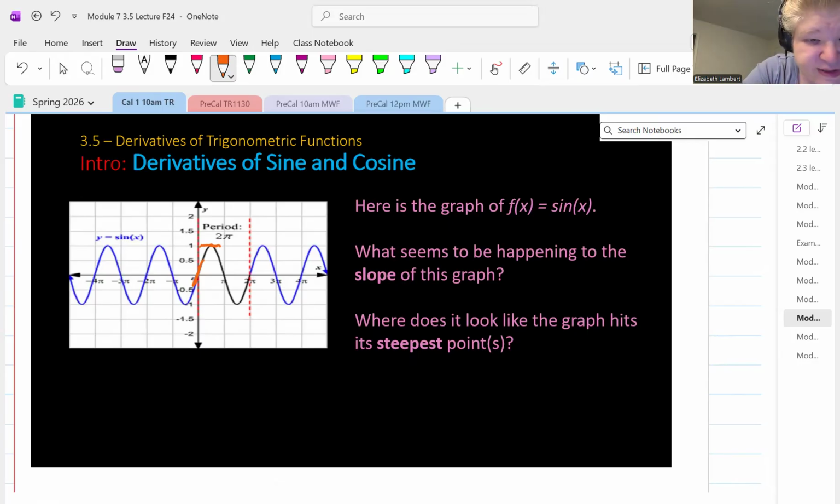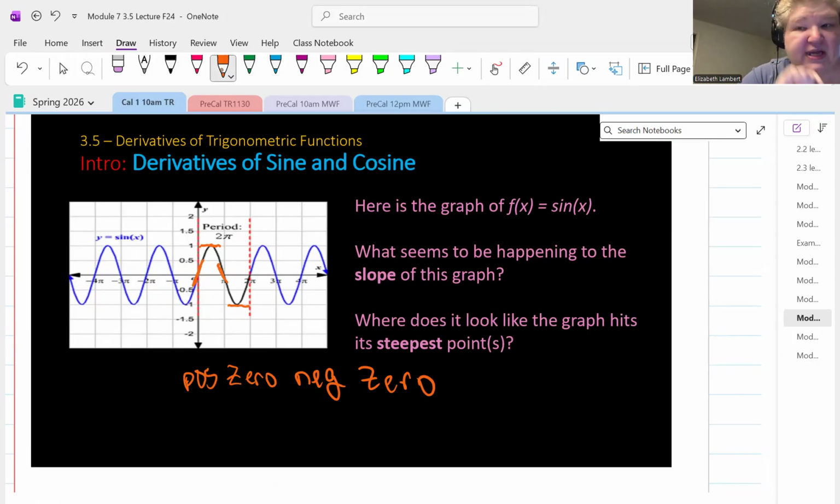I can say down here at the bottom of the curve, that is a slope of 0. And I can say in between that top and bottom, that's a negative slope. So we have a slope pattern that is positive, then there's a 0, then it's negative, and then there's a 0.